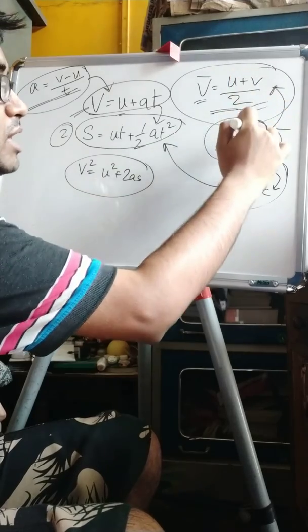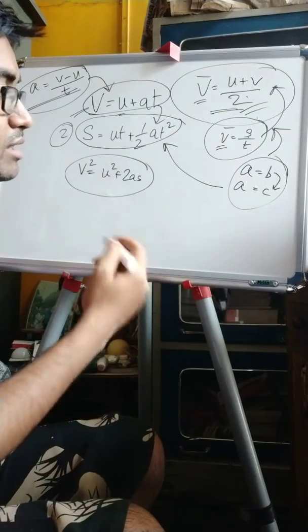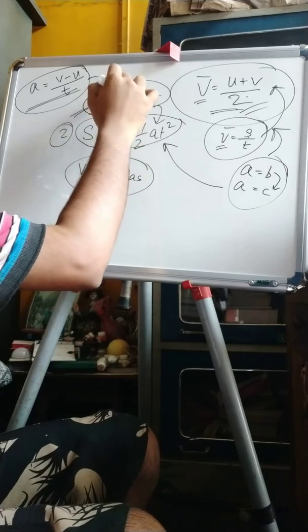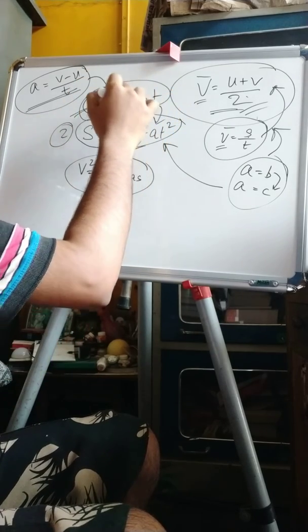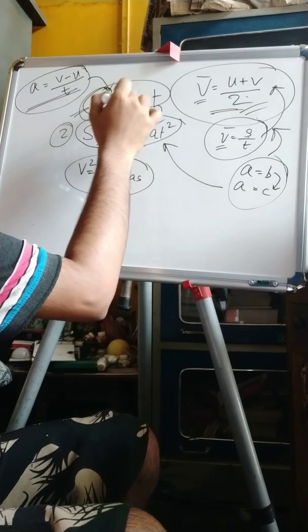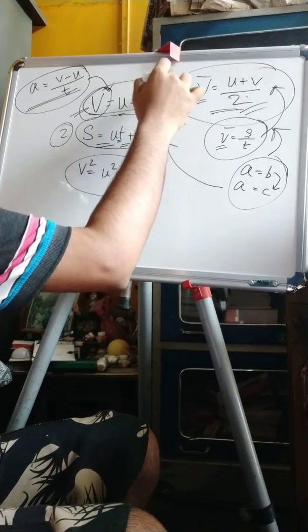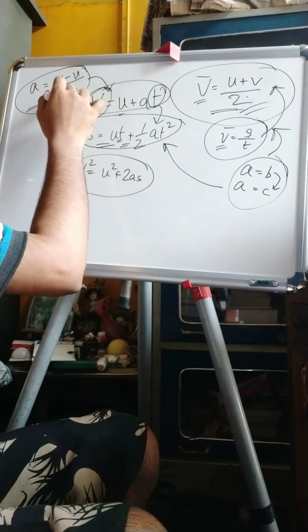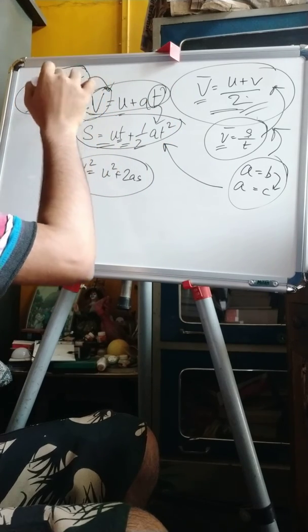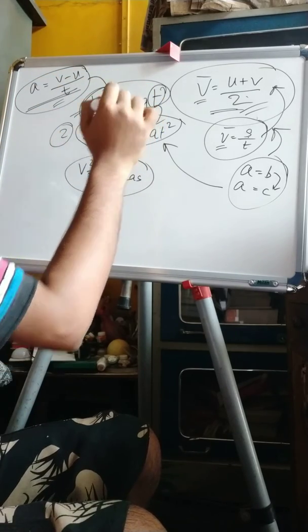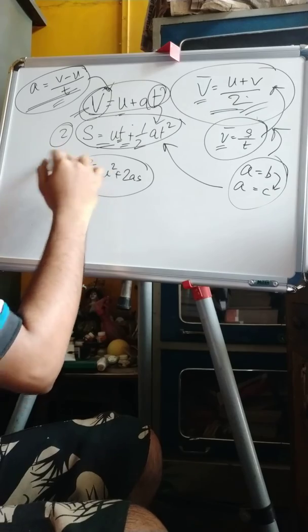Use both the formulas, equalize them, and then you can derive this formula easily. And applying this formula into this formula: since t is there, from v equal to u plus at we can derive t equal to v minus u by a, right? After applying this, we can derive the third equation of motion.